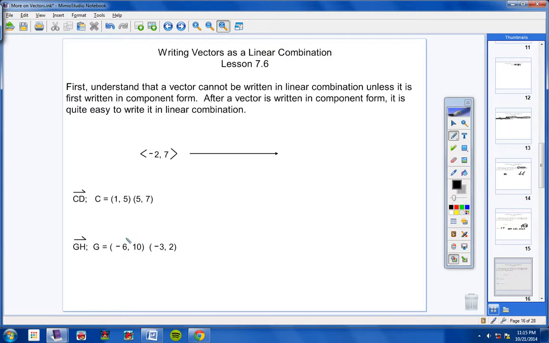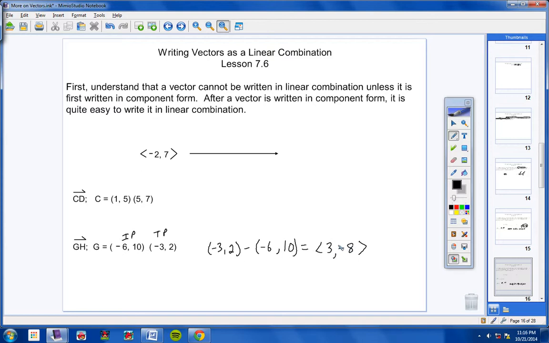Okay, here we go. This is my initial point. Hopefully you guys are working ahead. Keep right on working, okay? So we take my terminal point minus my initial point, and my component form would be, let's see, negative 3 minus negative 6, that's 3. 2 minus 10, that's negative 8.